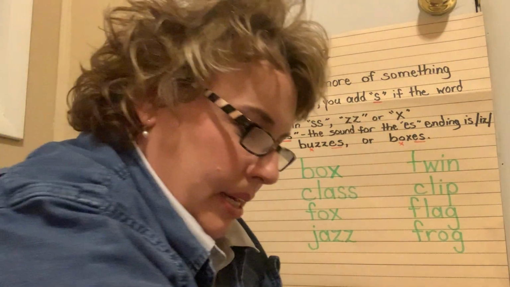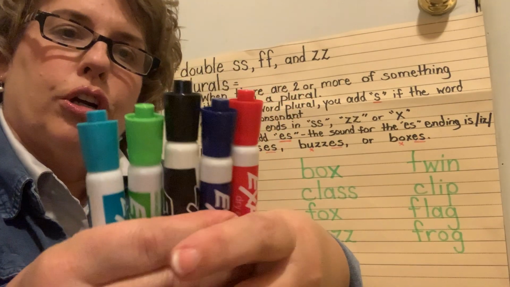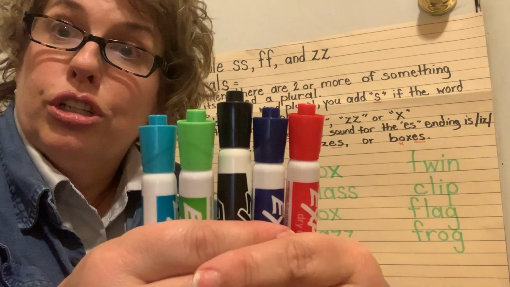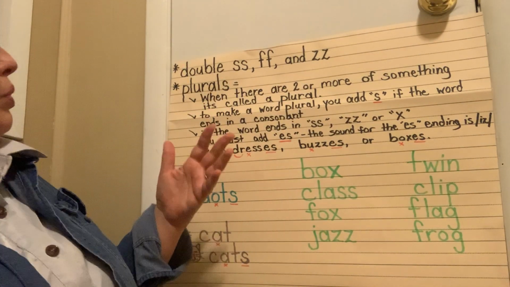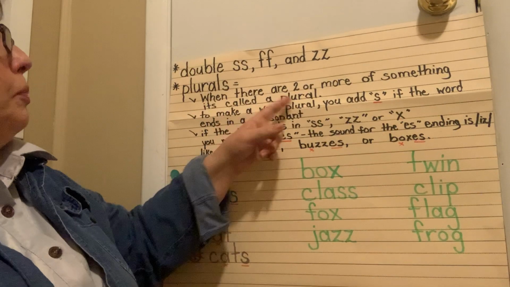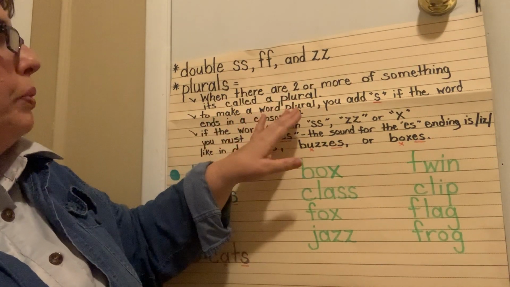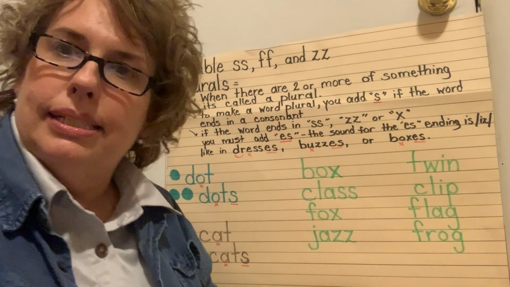But if I pick all these up, I no longer have a marker. I have markers, right? So when there are two or more of something, it's called a plural. To make a word plural, you add an S if the word ends in a consonant.